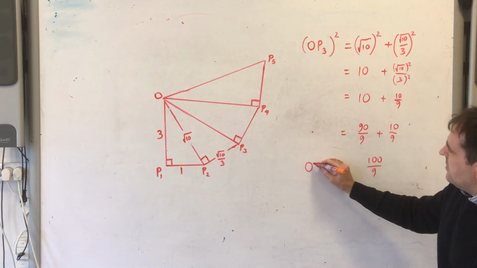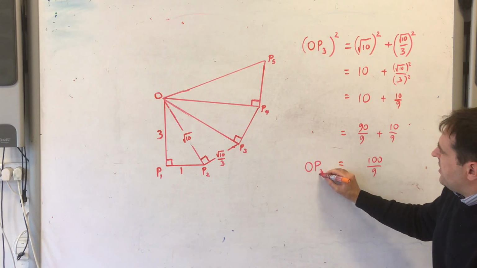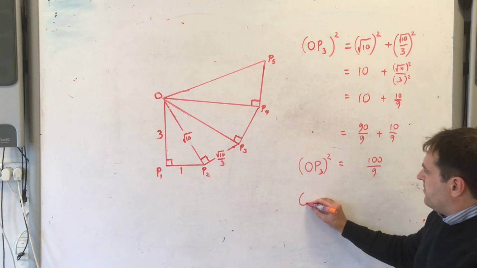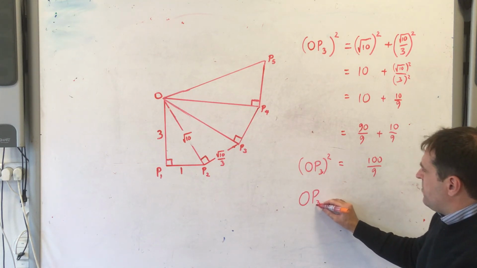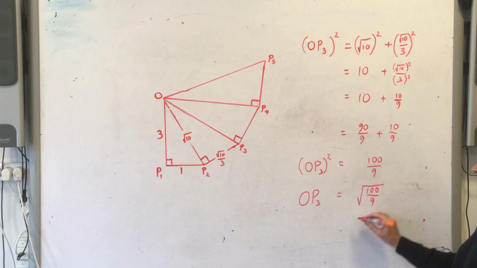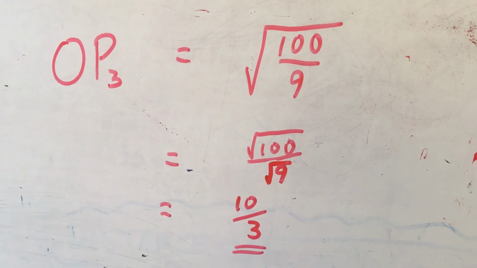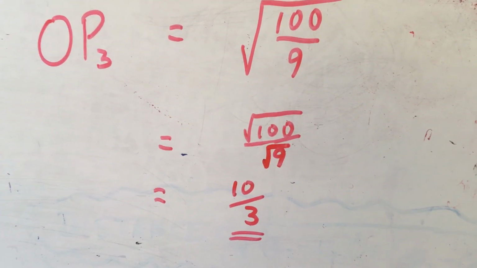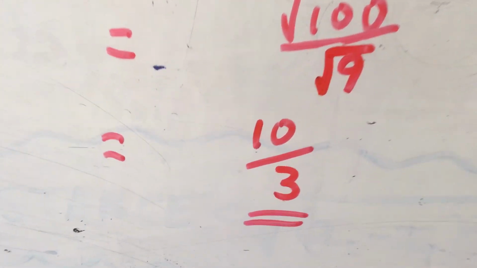So OP3 squared is 100 ninths. So OP3 is the square root of 100 ninths. And that can be written as separate square roots, the square root of 100 over the square root of 9, which is the same as 10 over 3.